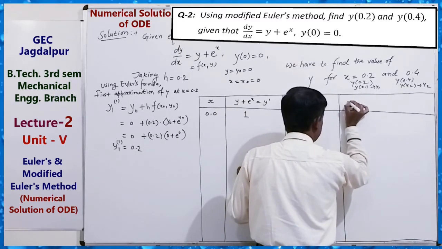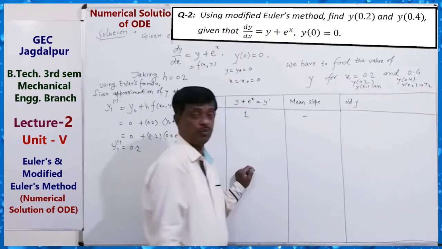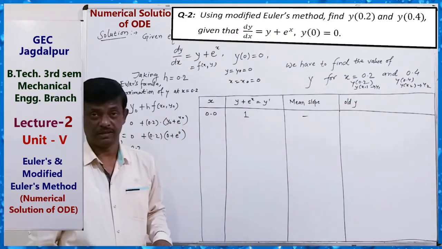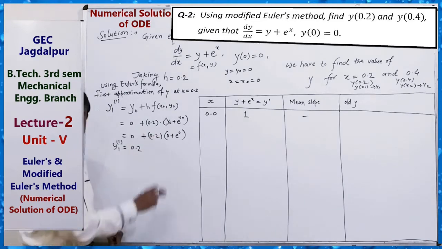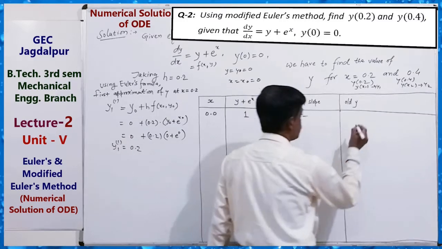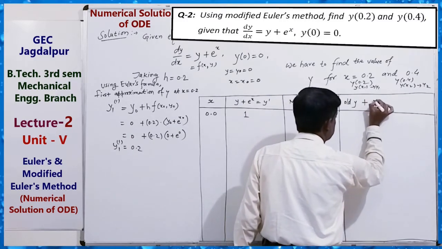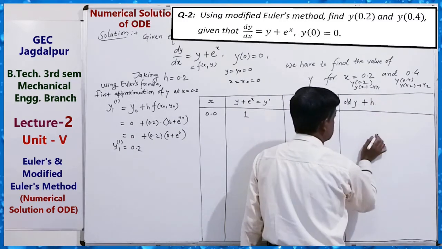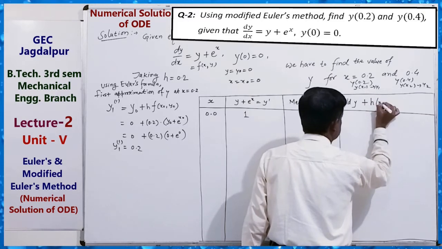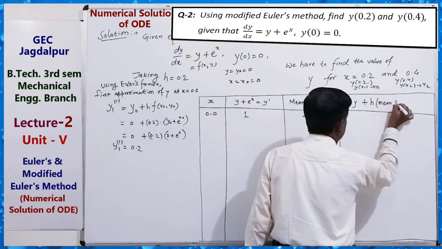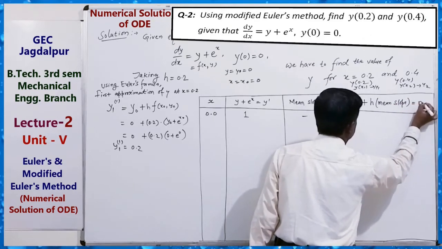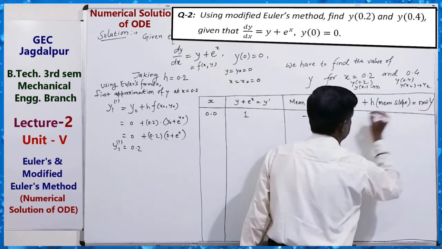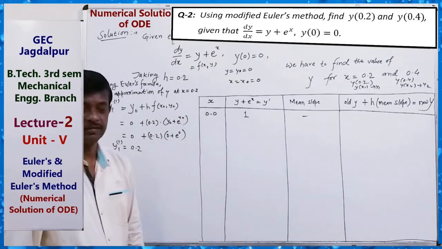Now the old value of y plus h times the mean slope equals the new y. That is our formula.